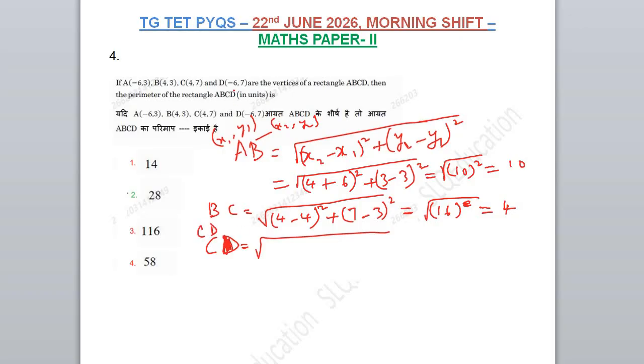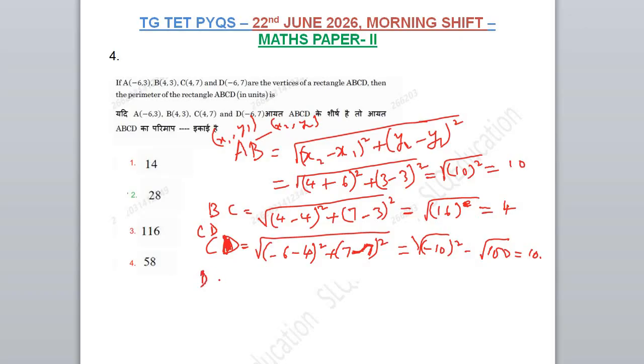CD is (minus 6 minus 4), that is minus 10, whole square, plus (7 minus 7) whole square, that is 0. So this is the square root of minus 10 whole square, which is 100. The square root of 100 is 10.